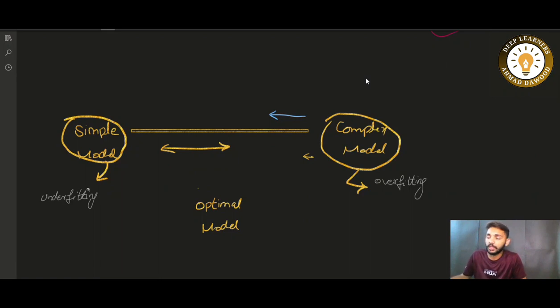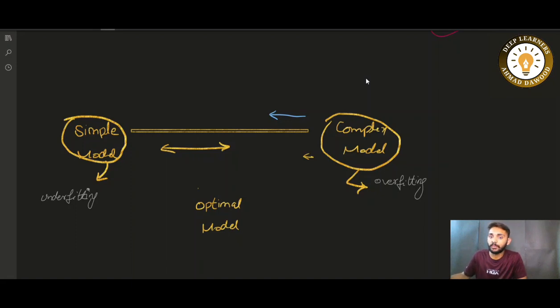Maybe you will ask a question: if we have overfitting, we should use some simple model instead of a higher degree polynomial model. Yes, in some cases you can directly do that, but in some cases when you use a simple model, you fall into underfitting.